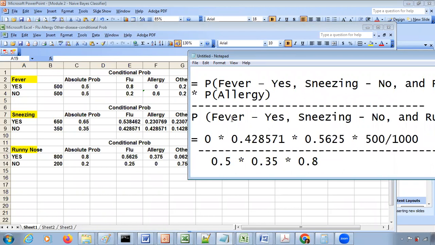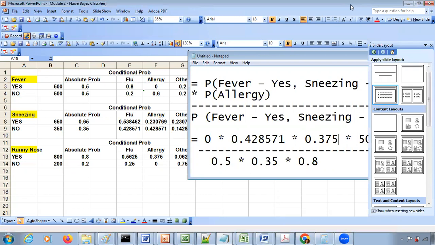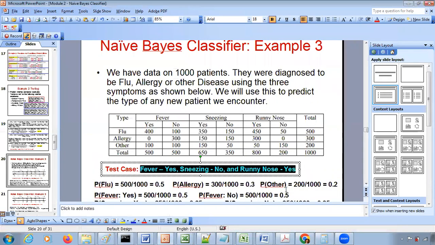Sneezing is no and allergy is 0.428571. Runny nose equals yes and allergy is 0.375. And out of the 1000, 300 had allergy, the absolute probability.